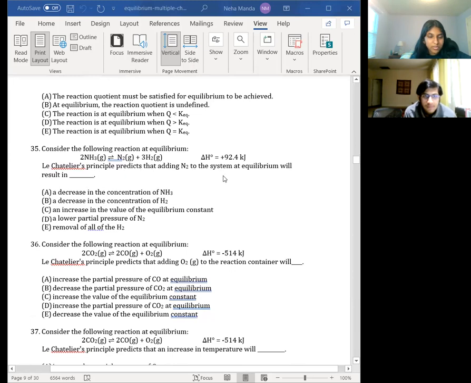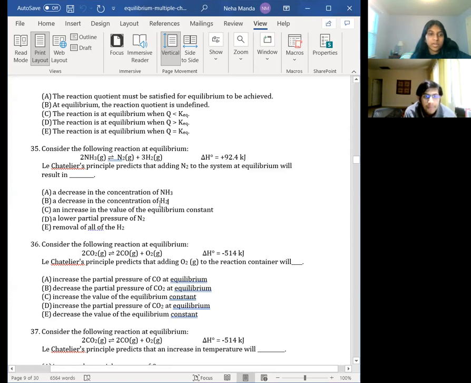Adding N2 at equilibrium will result in... Okay, it should go that way. It doesn't affect the equilibrium constant, as we said. Shouldn't, yeah. It should result in a decrease in H2, I would think so.